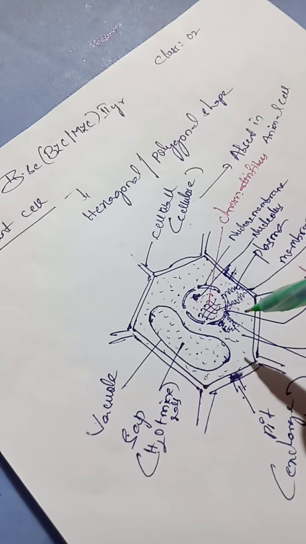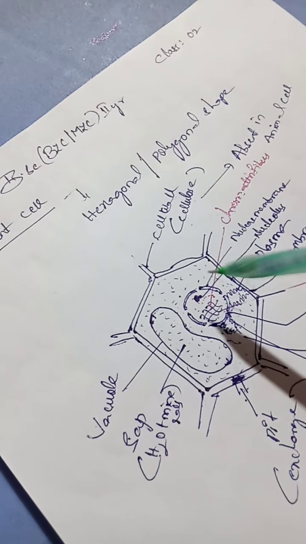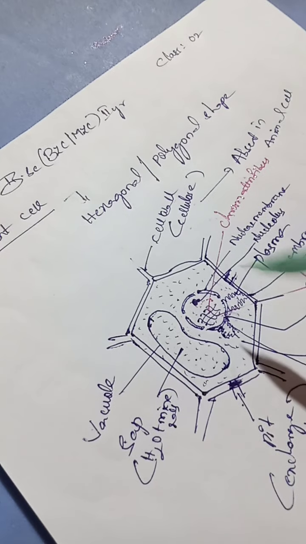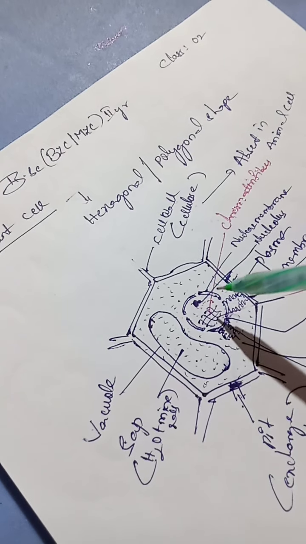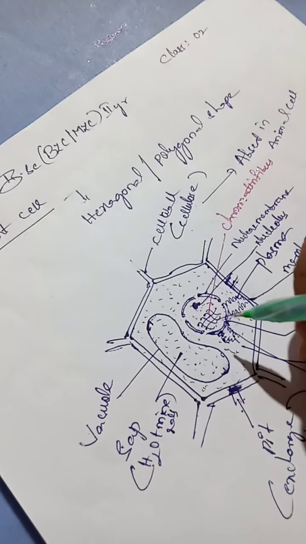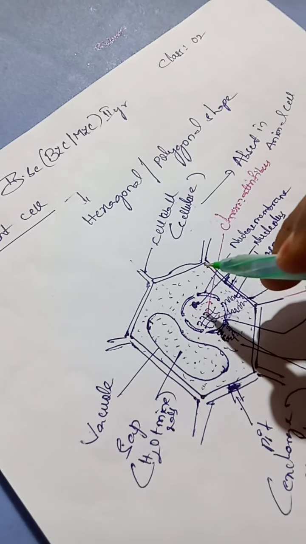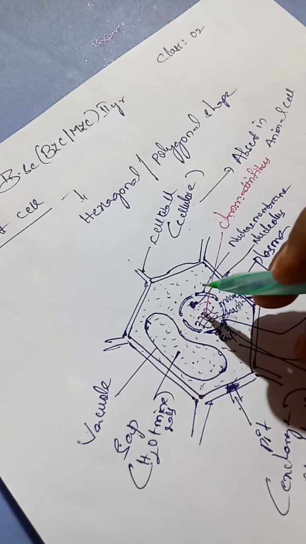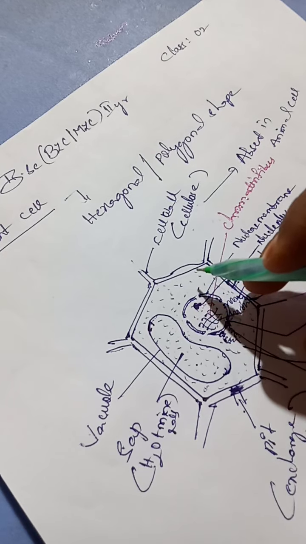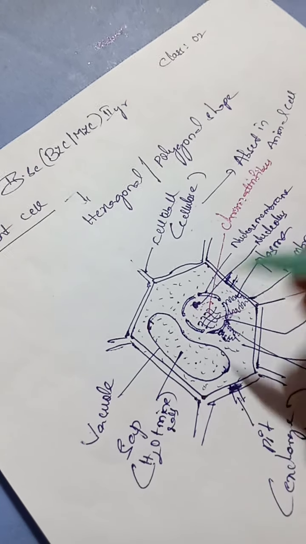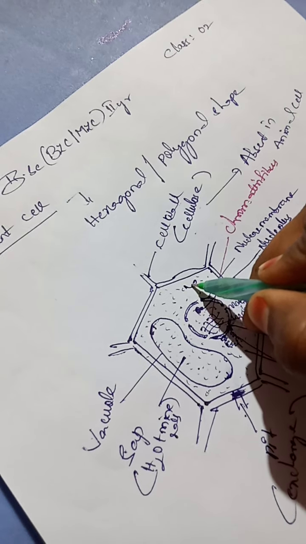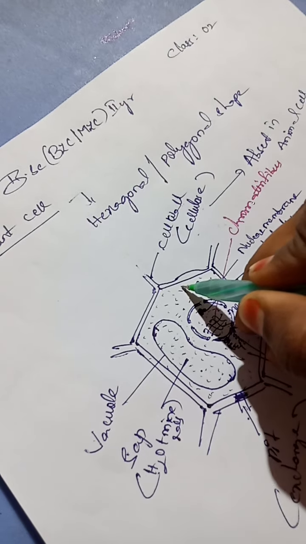Compared to the animal cell, the Golgi body will be scattered, diffused, in the cytoplasm of the plant cell. In the animal cell, the Golgi body is present at the perinuclear space, just near the nuclear membrane. But in the plant cell, the Golgi body will be located just near the plasma membrane, like this.